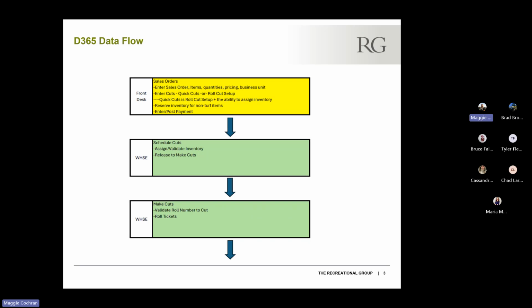And the warehouse staff will validate the inventory that front desk said to cut, and then either unassign that roll, assign a new roll, or make the cut. So it'll be up to them. That process may be different per store. There is absolutely nothing that dictates that front desk cannot assign inventory. There's nothing that says warehouse has to be the one responsible for it.